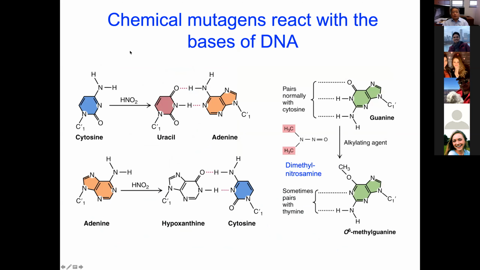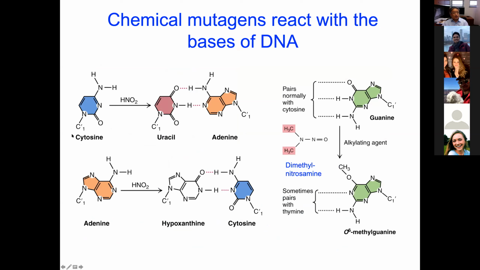We also know there are a lot of reactive chemicals that can react with the DNA and sometimes even modify it. For example, cytosine can react with nitrous acid to form uracil. This uracil will form a base pair with adenine instead of cytosine.